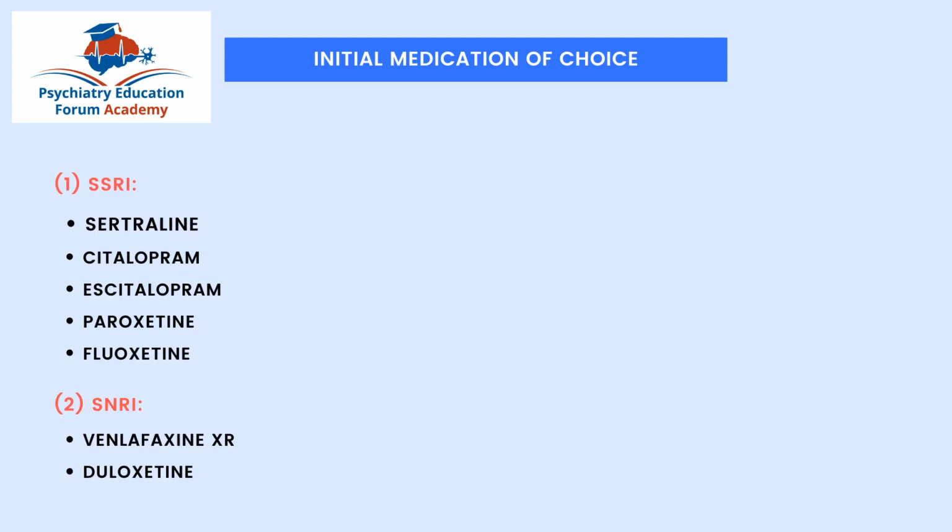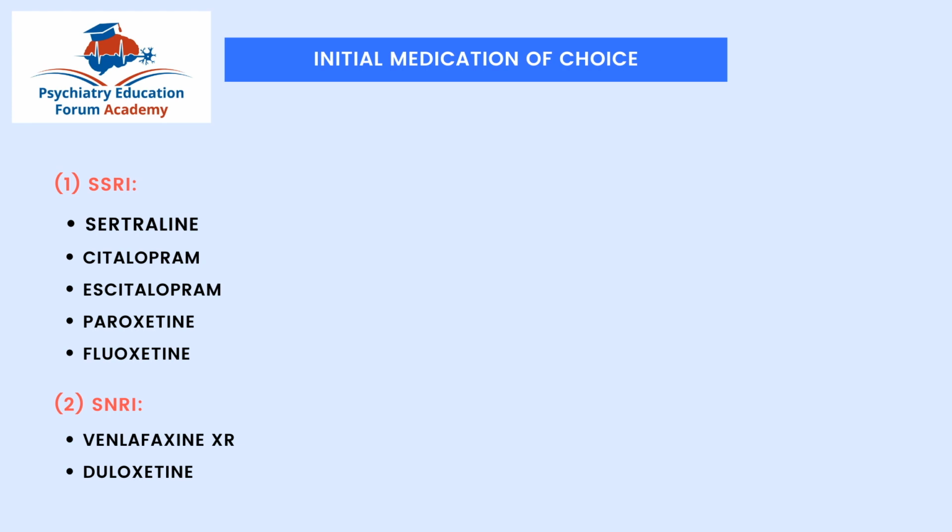We all know that serotonergic medications are first line. I mean, definitely therapy is first line, but in this section I'm only talking about medication. My talk is only focused on psychopharmacology right now. Serotonergic medications, SSRIs and SNRIs, are the recommended first-line treatment.